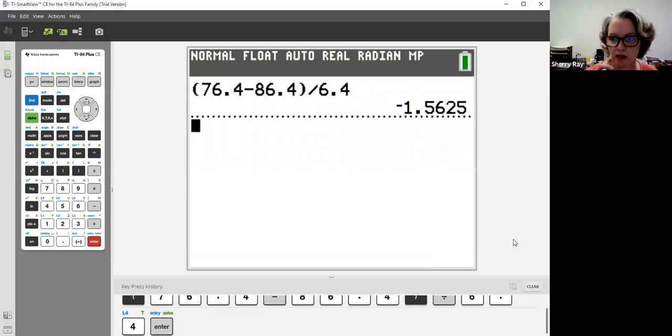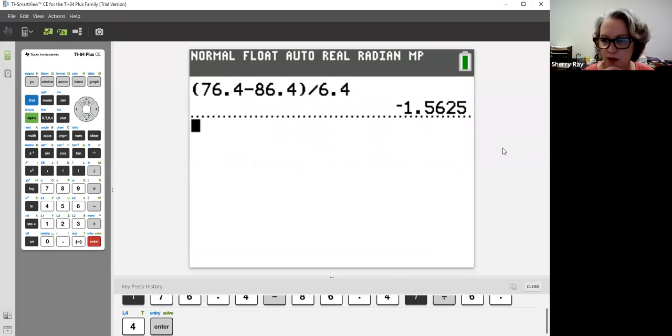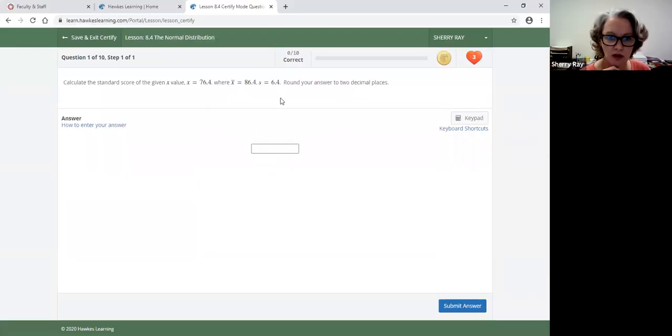It says to round this to the nearest, probably 2 decimal places. So 76.4, 86.4, and 6.4, and it's negative 1.5625, so negative 1.56, I think that was it. All right.